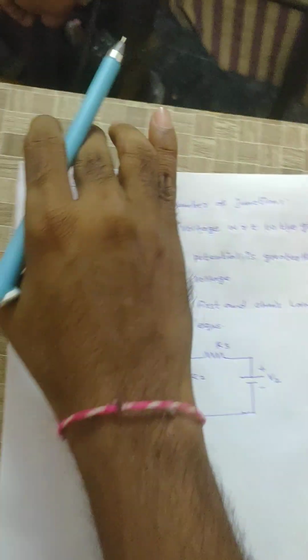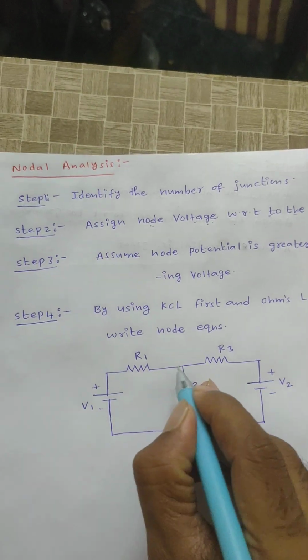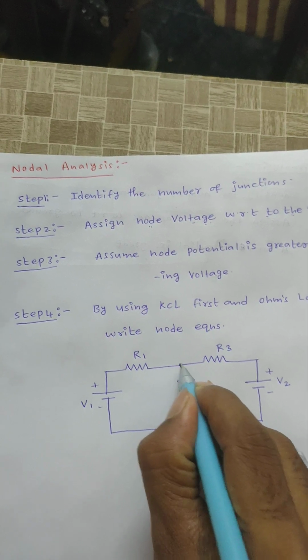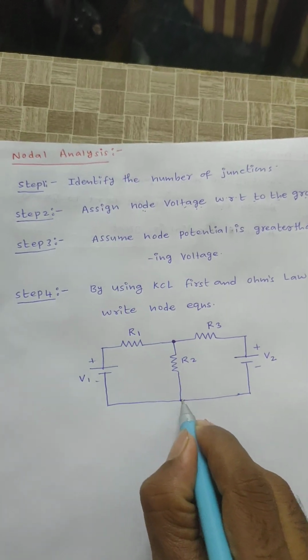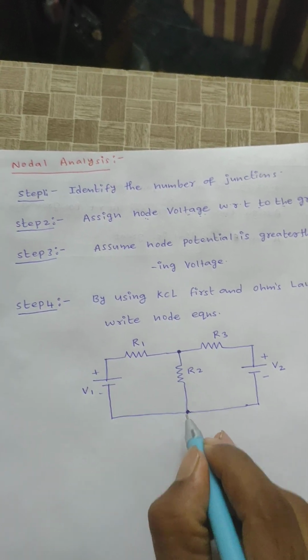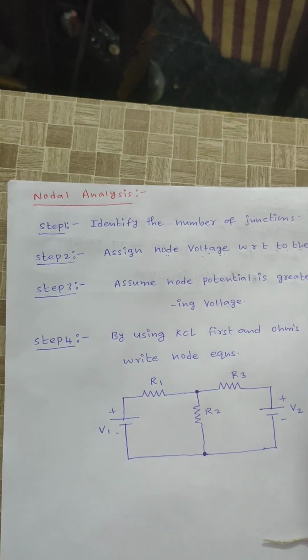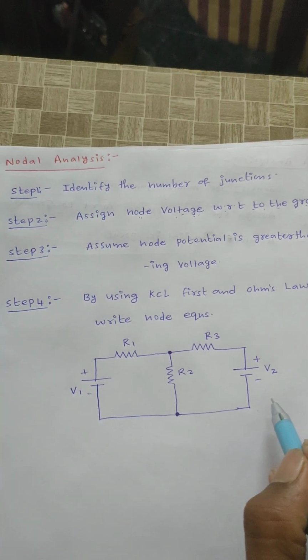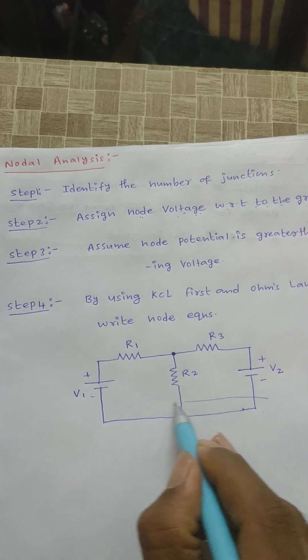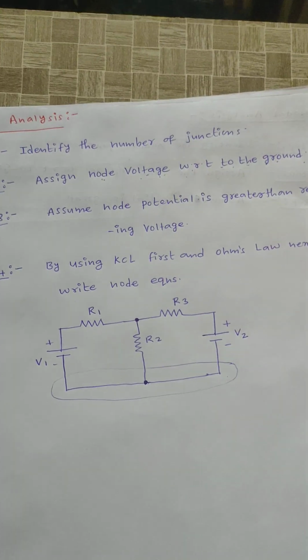First, what is step 1 here? Identify the number of junctions. Here it has junction 1 and junction 2. A junction is nothing but the interconnection of 3 or more elements. Assign node voltage with respect to the ground. That means one has to be ground. Unless otherwise specifically mentioned, we always consider this as ground in every problem.